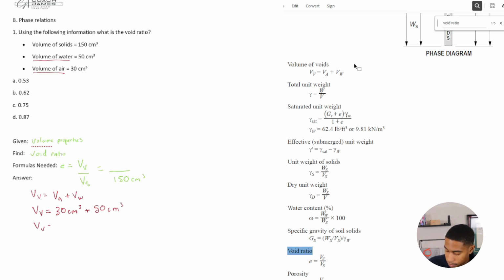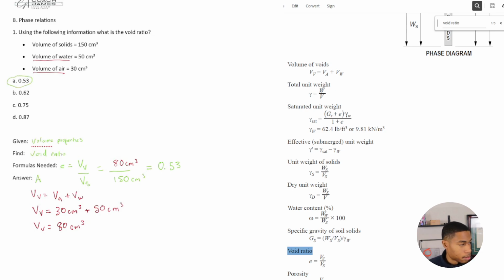So I get from my volume of voids 80 centimeters cubed. Now I can plug that into my equation, 80 cm cubed, and plug this in to get my answer, which is 0.53. So the answer is A.